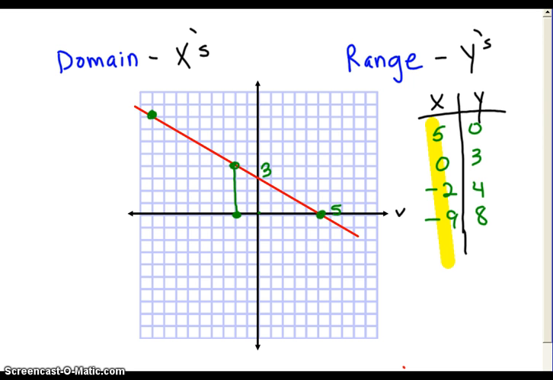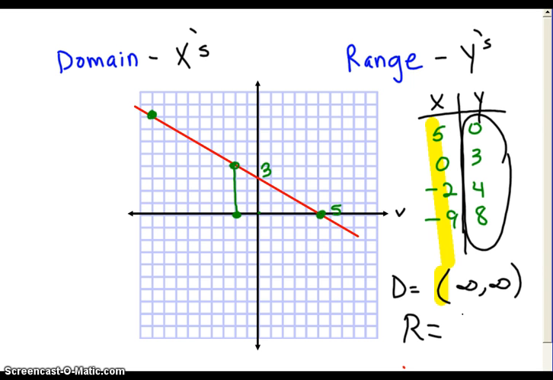My domain is going to be all real numbers, from negative infinity to positive infinity. And then the range is going to be the same difference. There's no pattern. It's going to be all real numbers, from negative infinity to positive infinity.